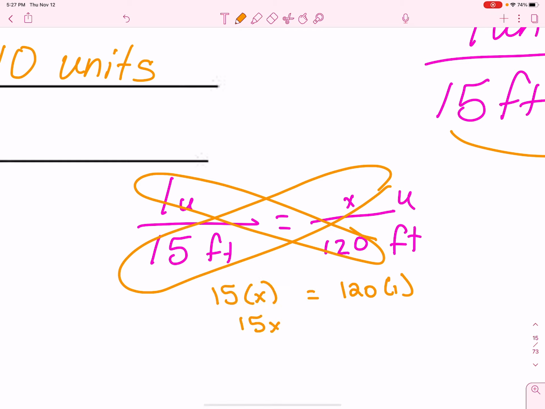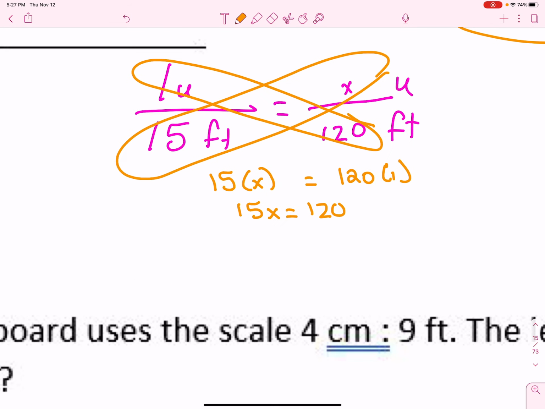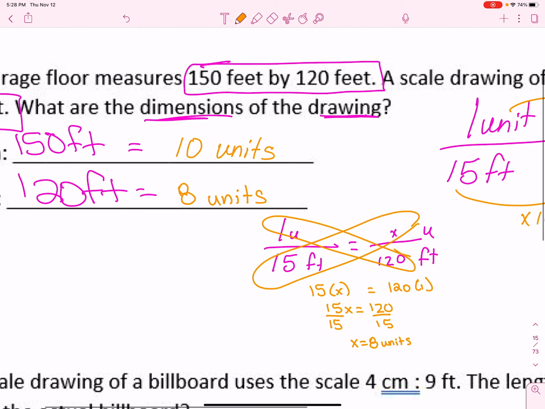So 15x equals 120. So this is our one-step equation. I'm going to divide that by 15, and we get 8. X equals 8. 8 what? Well, we're looking for units. So let's add that to our blanks here. This is going to be 10 units.